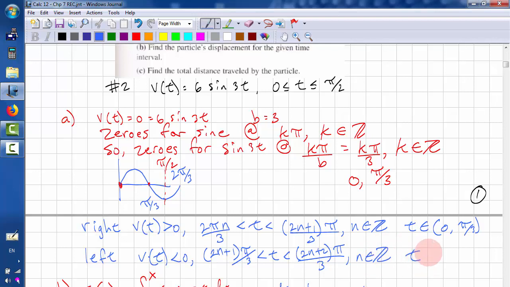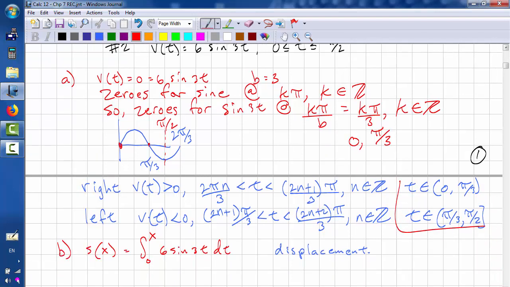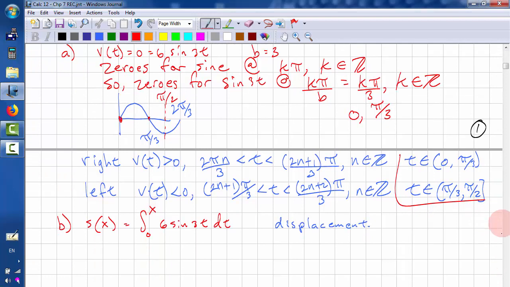And that means we have t in the interval from pi over 3. And here we need to put a square bracket, because it's inside this interval. It's not on the boundary of the interval. Okay, that answers part A.